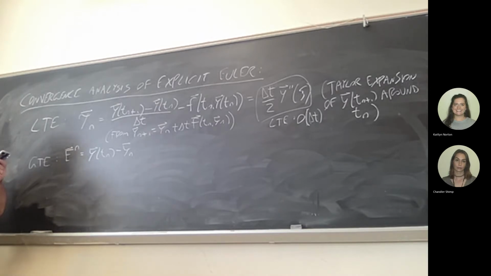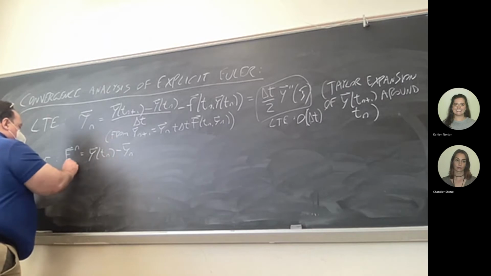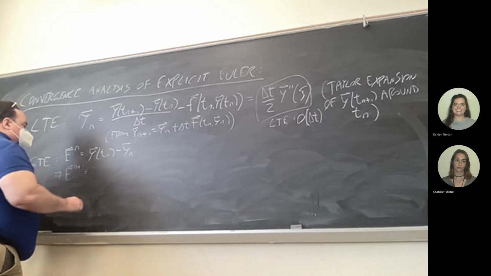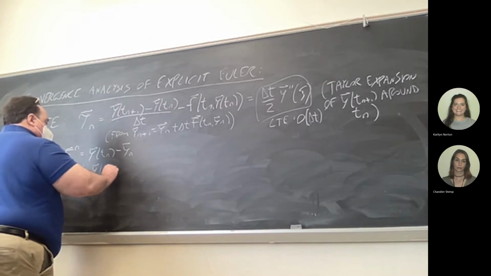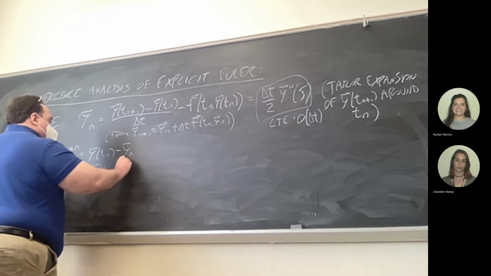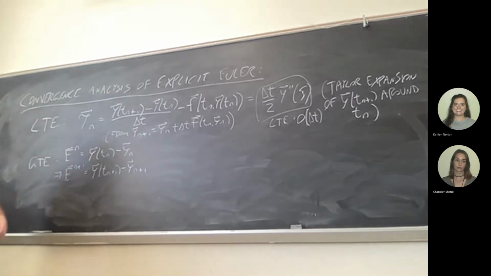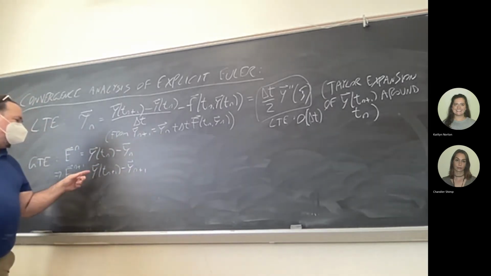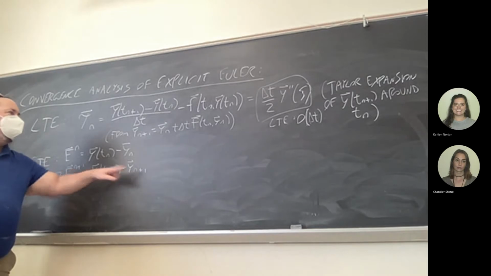Now, if I write out what this is, at least not at time n, but time n plus 1, that would be y of t_{n+1} minus y_{n+1}. But now what I can do is substitute Euler's method in here.